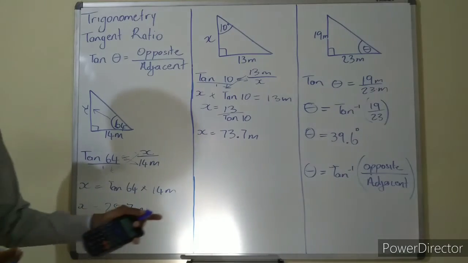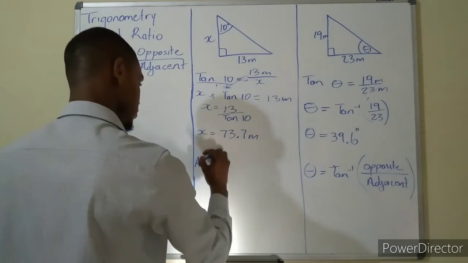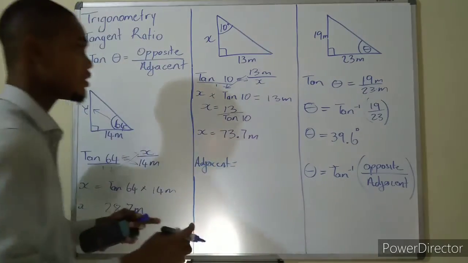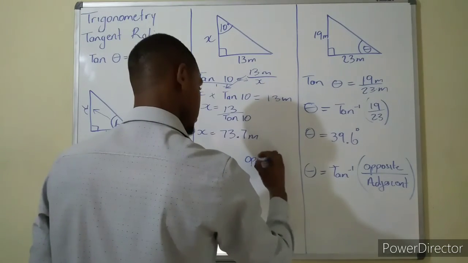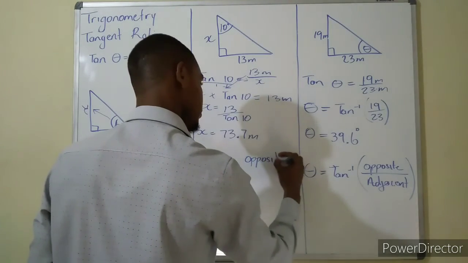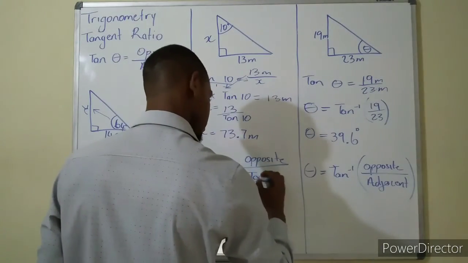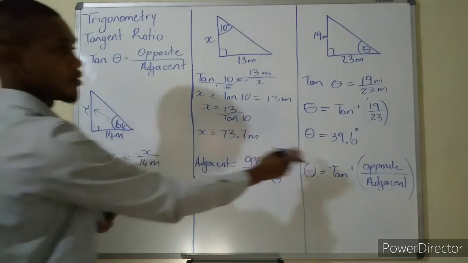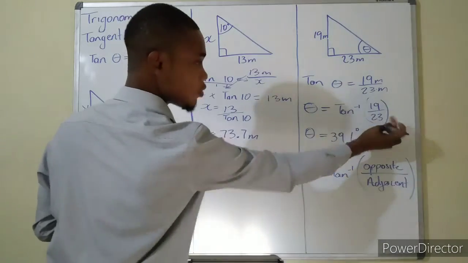If you want to find your adjacent side, it will always be equal to the opposite side divided by the tan of the angle. So that's what you did here to get this. This formula, tan inverse, opposite over adjacent.